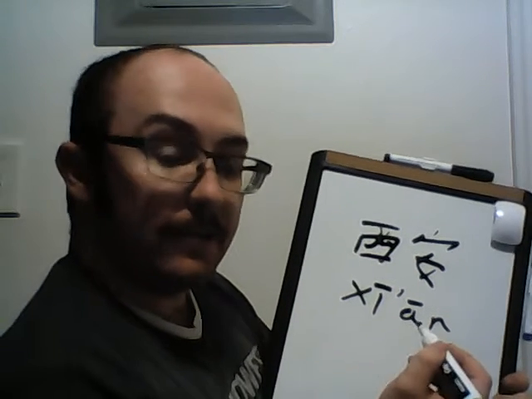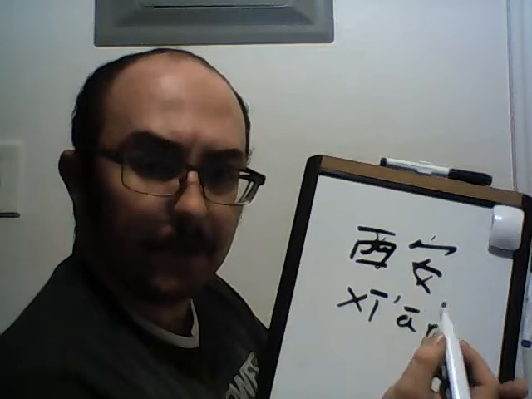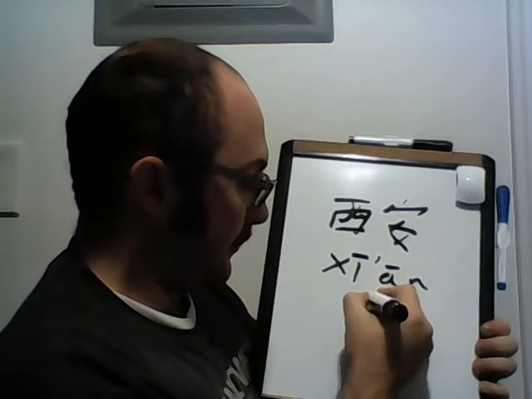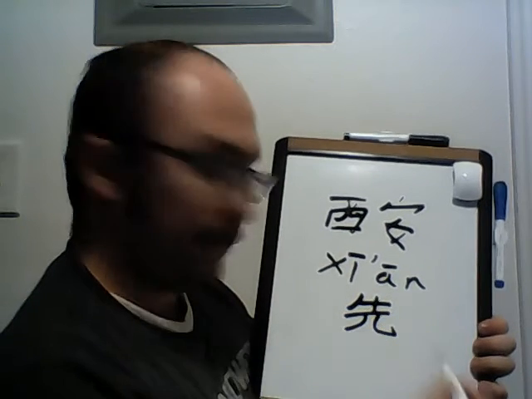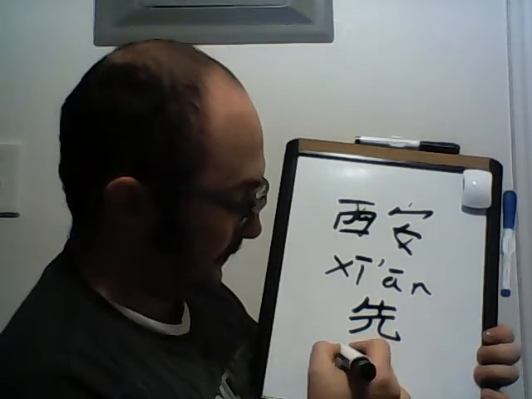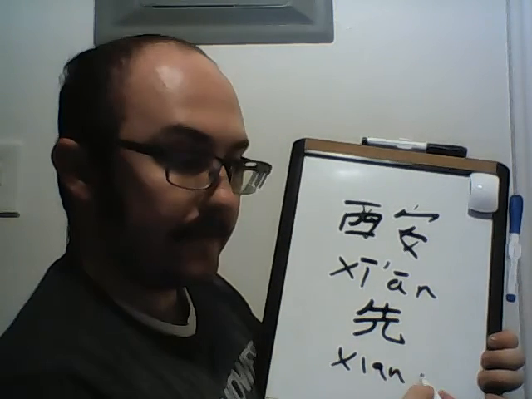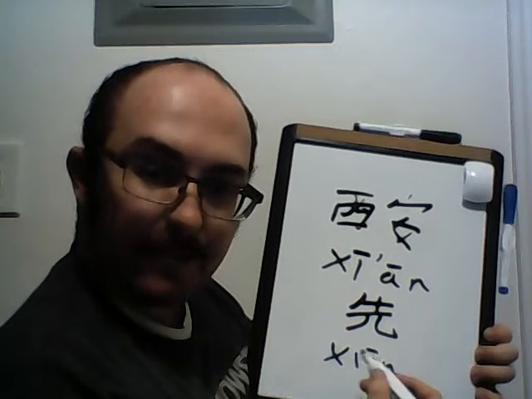Which raises the question, well, couldn't we just assume that it is two different syllables? You could if it weren't for words like this: Xian. And that's kind of where it becomes important.